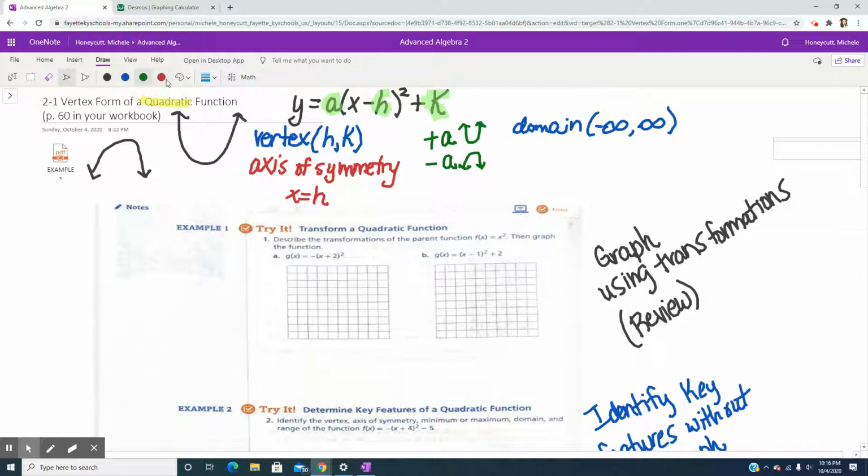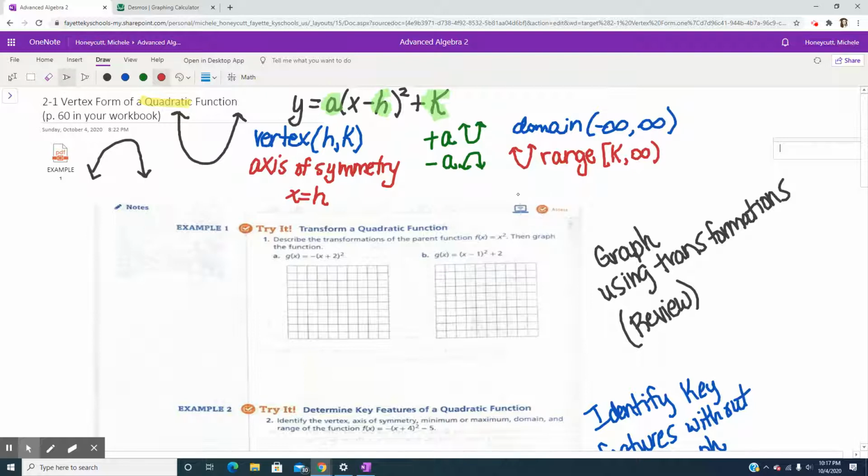If you want to know the range, it's going to depend on whether or not your parabola opens up or opens down. So let's say your parabola opens up. If your parabola opens up, then the range is going to be the k value until infinity.